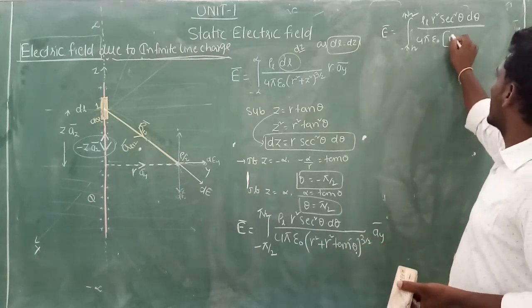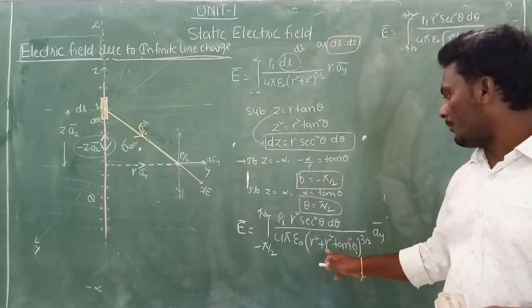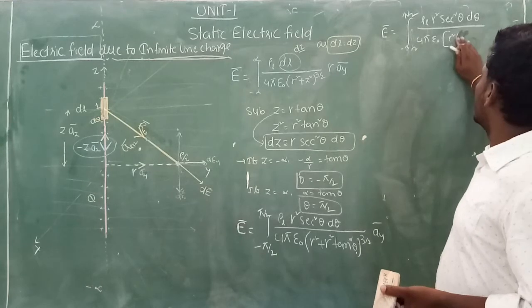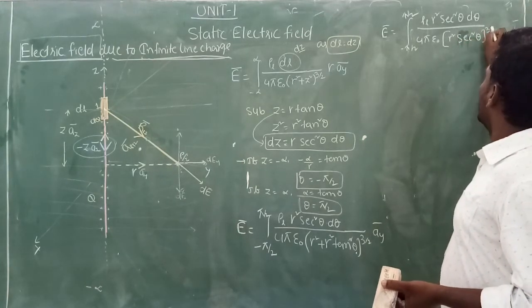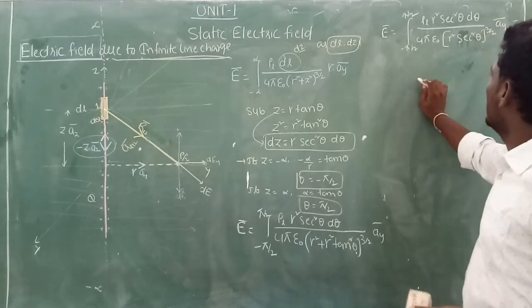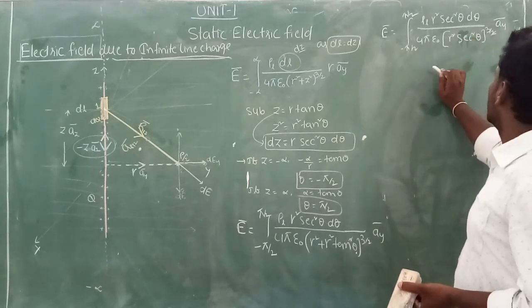I am taking r square as common. After taking r square as common, we have 1 plus tan square theta, so 1 plus tan square theta becomes secant square theta. So here r square secant square theta whole power 3 by 2, into a y bar. Now see, this 2 and 2 cancel.